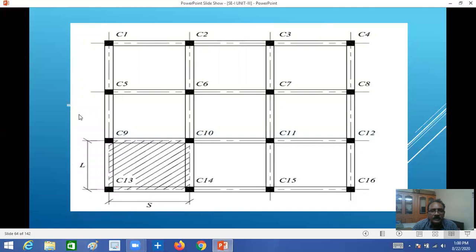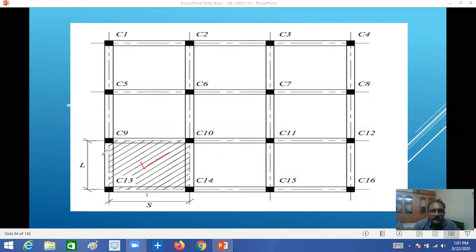This is one side discontinuous, three sides continuous. One of the important points is here: for this slab, there are two discontinuous sides, this side and this side, and two sides continuous.